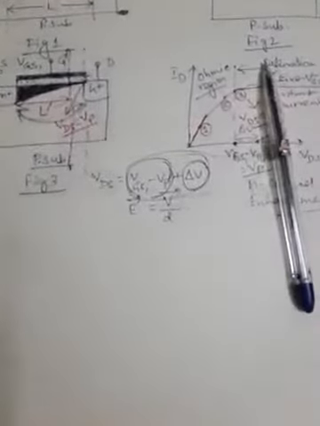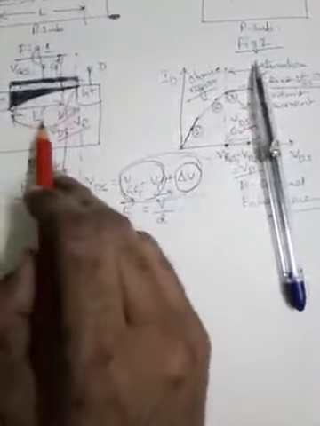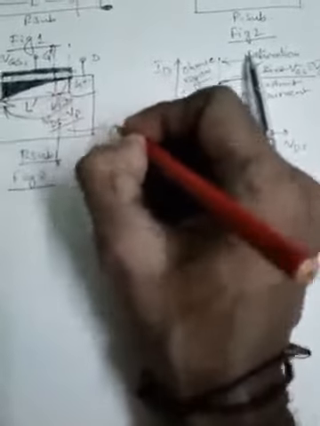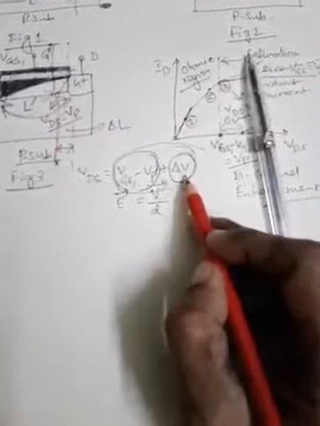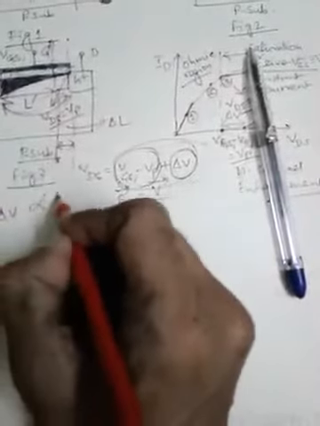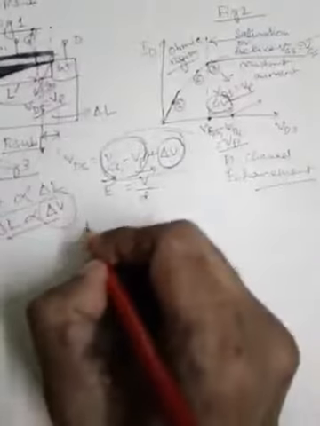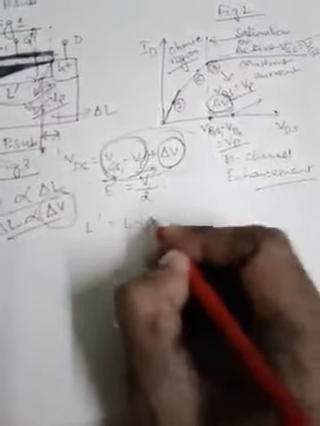Once again, previously VGS1 minus VP was proportional to the whole channel length L, but now it is proportional to the reduced channel length L prime, because this additional channel length, denoted by delta L, is reduced because of the application of delta V. That means delta V is proportional to delta L, or on the contrary we can say delta L is proportional to delta V. Because of this delta V in the VI characteristics, the length of the channel is reduced by an amount delta L. So we can say L prime is equal to L minus delta L.